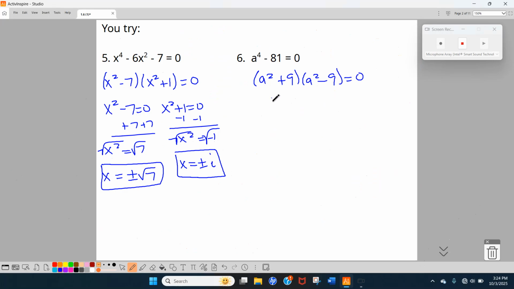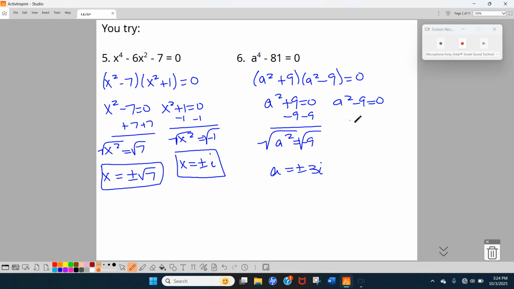So then if you set each of those equal to 0, you're going to get 4 answers. You'll have that this one ends up being plus or minus 3i, and then this one just ends up being plus or minus 3. My handwriting is getting super sloppy.